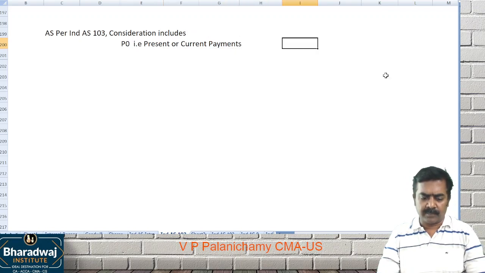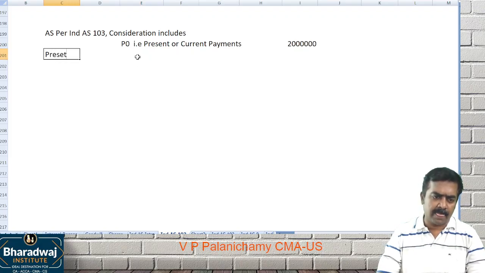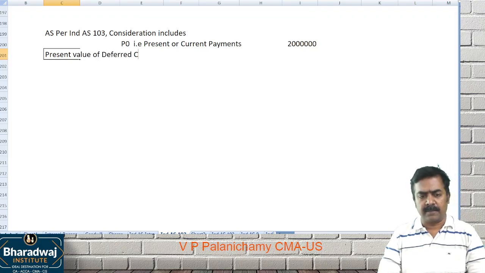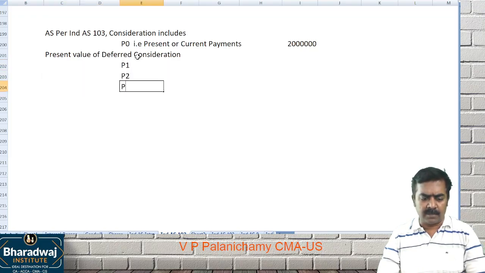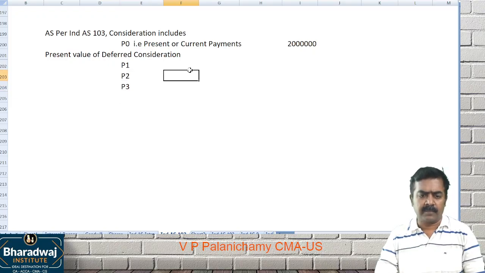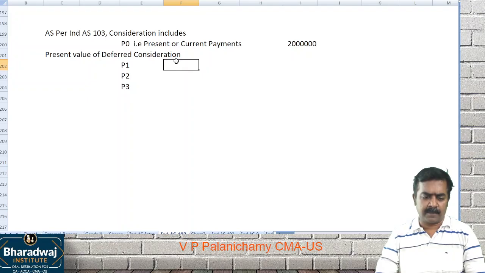How much? 20 lakhs. And the present value of deferred consideration, which we are promising to pay over 3 years. How much are we promising to pay? 2 lakhs each.